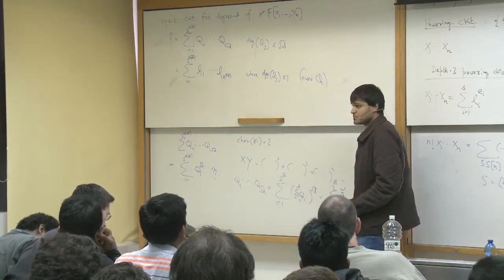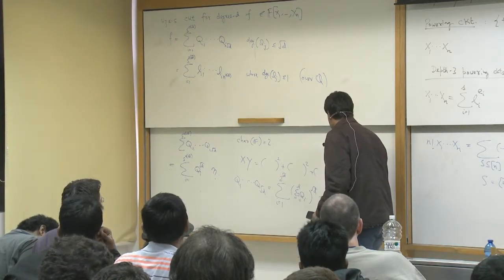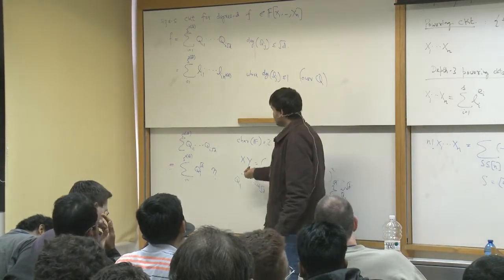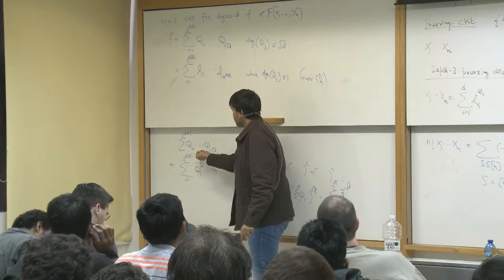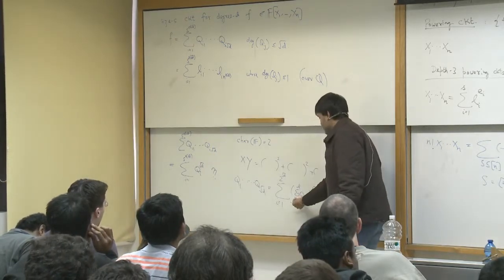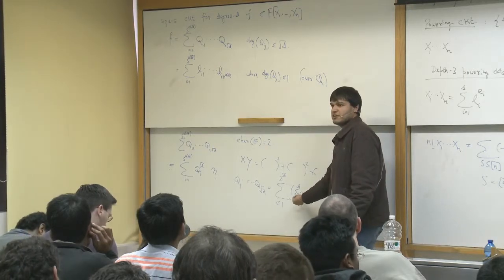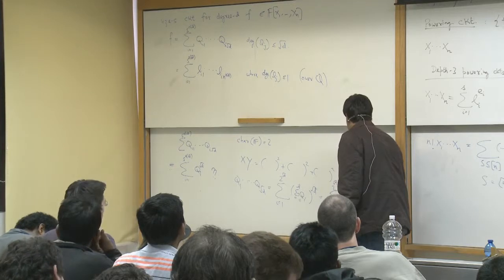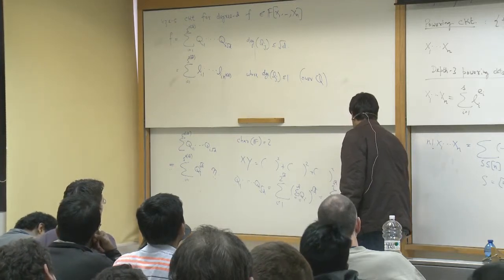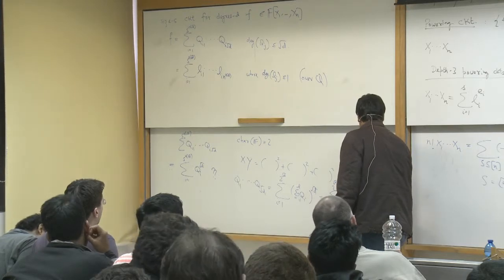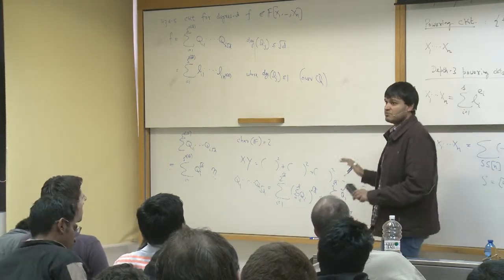Moreover, note that because we started with the assumption that all these QIs have degree at most root d, in particular, every linear combination also will have degree at most root d. So QI tilde has degree at most root d. Okay, so we have simplified this expression.